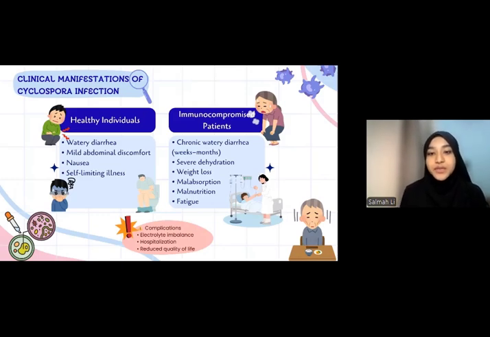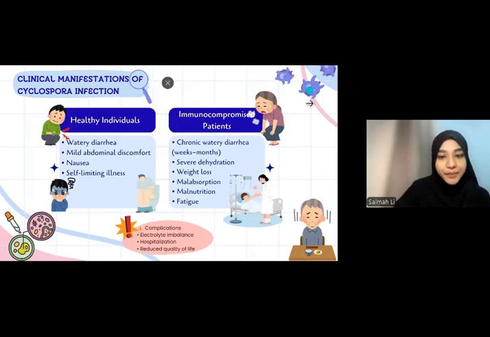Patients may experience chronic watery diarrhea lasting for weeks to months, severe dehydration, weight loss, malabsorption, malnutrition, and fatigue. If left untreated, prolonged diarrhea can lead to electrolyte imbalance and may require hospitalization. Therefore, early diagnosis and treatment are especially important in high-risk patients. That's all from me.